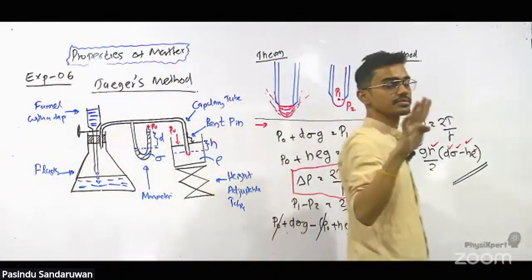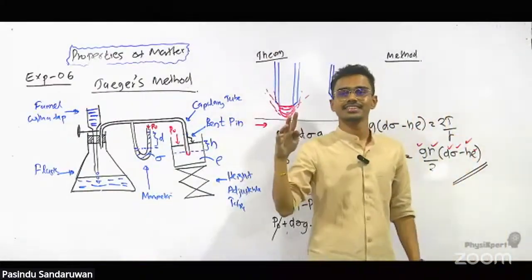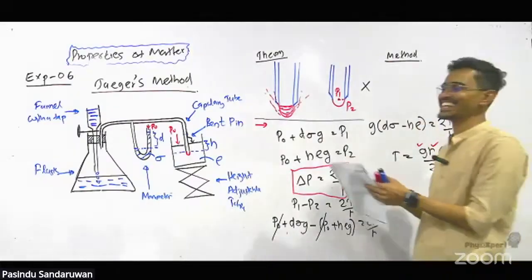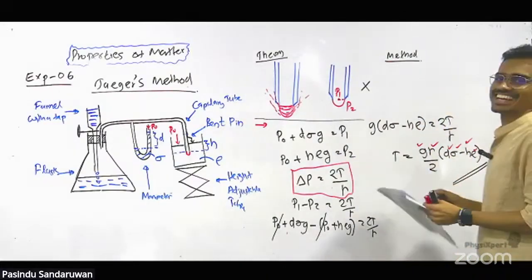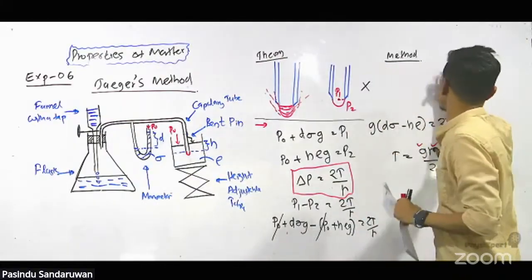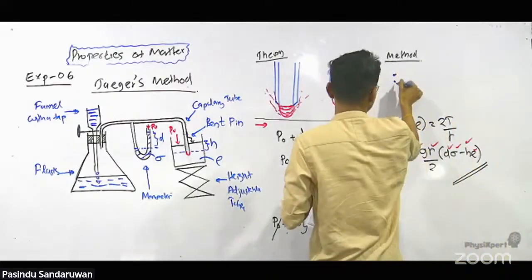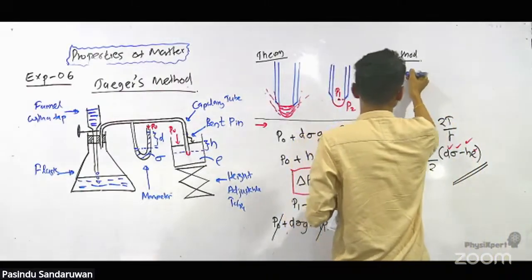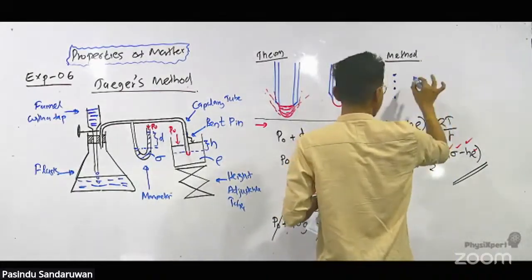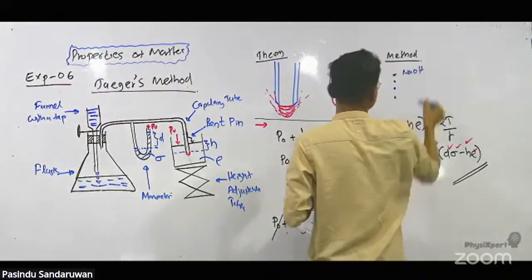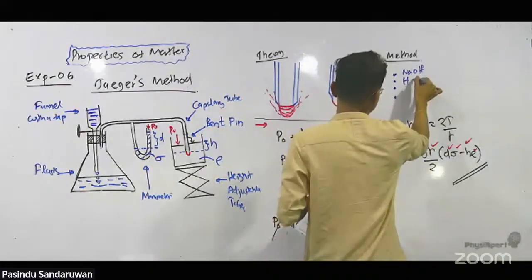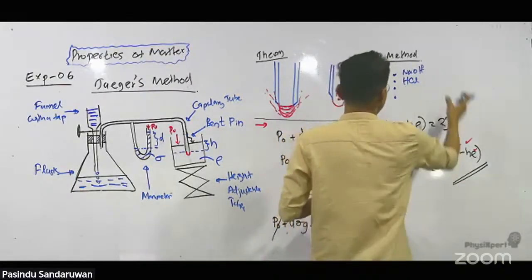Mention these four steps. First one, wash with sodium hydroxide. Base, we have to mention the base, right? Second one, wash with HCl.